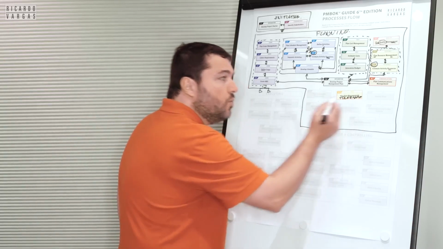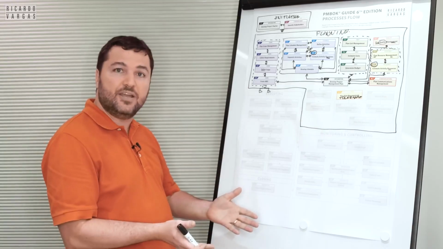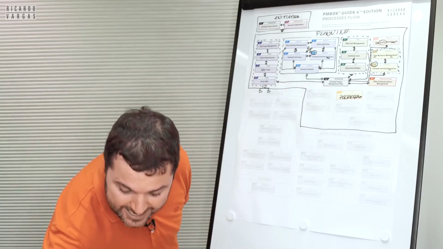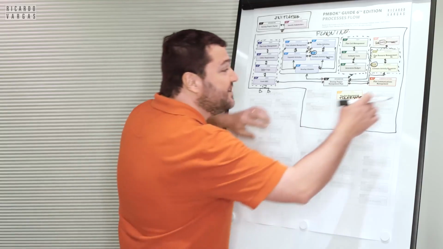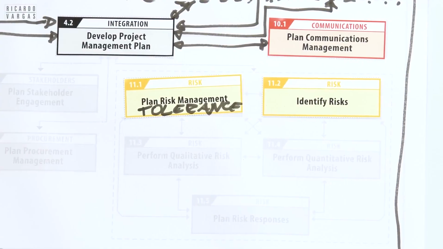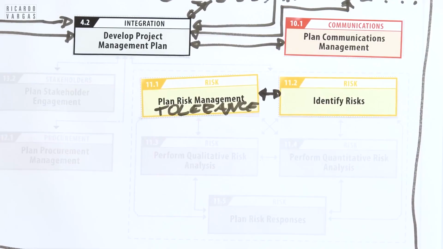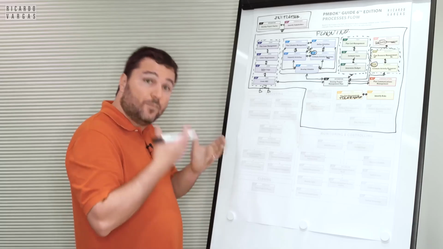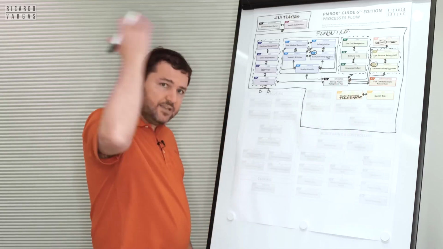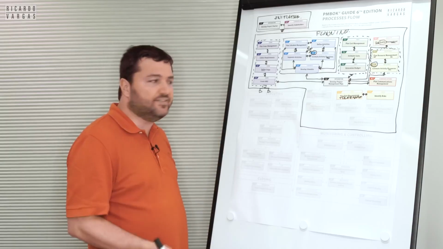Because if you don't know your tolerance, maybe everything can be a risk or nothing can be a risk. After knowing your risk tolerance, you come here and start to identify your risks. Together with your stakeholders and your group, you identify which kind of risks you have in this project. Which kind of threats and opportunities do I need to manage? Let's suppose you identify, let me guess, 300 things that may happen in your project, positive and negative.